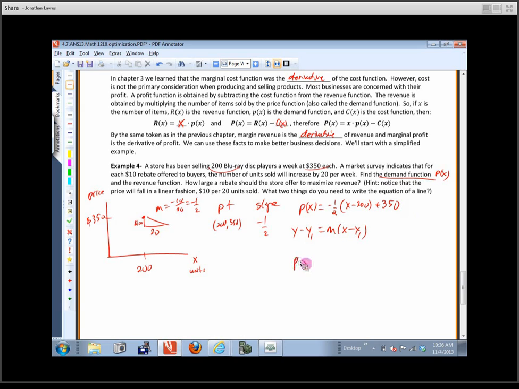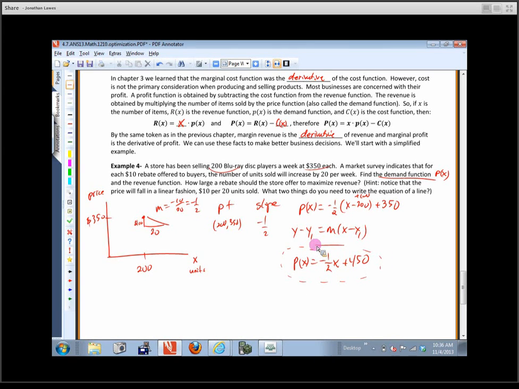So here's P of x: negative 1/2 x. And then if I distribute through, this is going to be plus 100, and that's going to be 450. That, I think, is the hardest part of the problem.